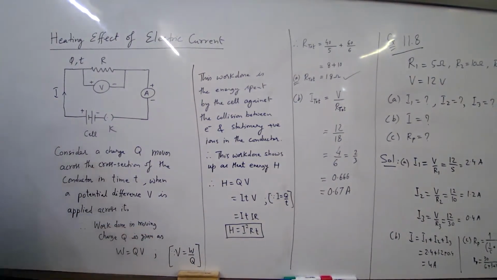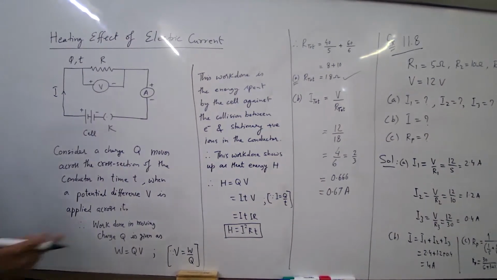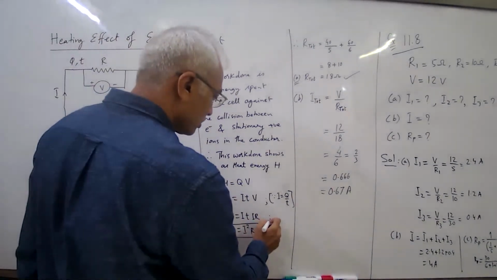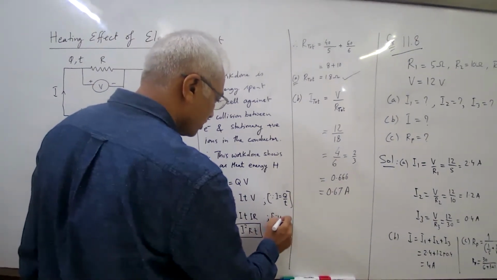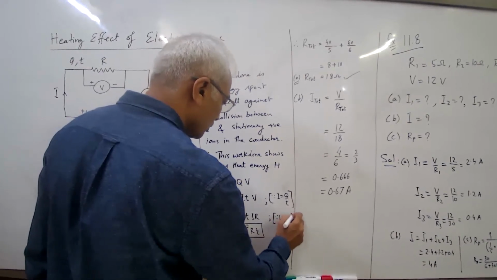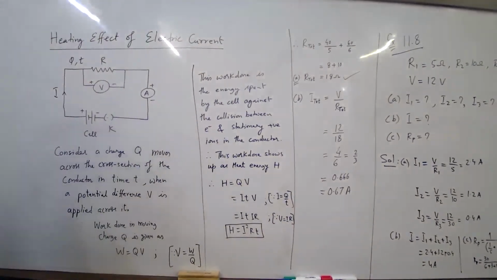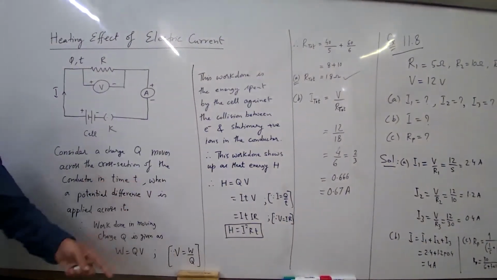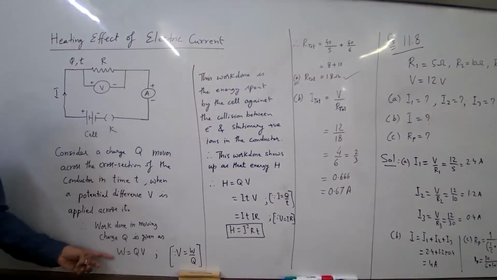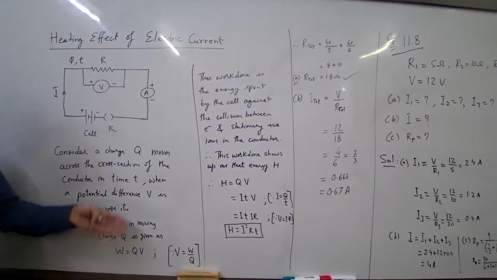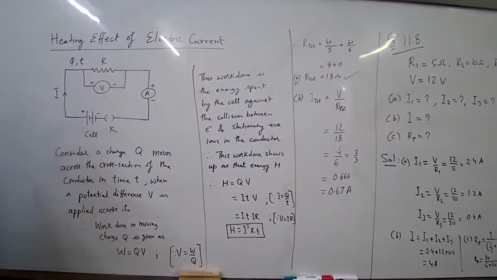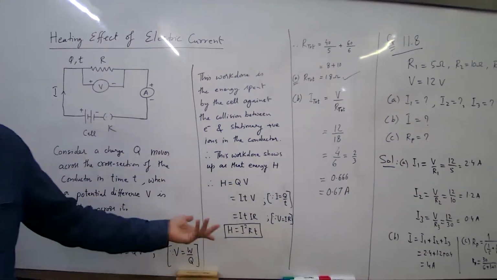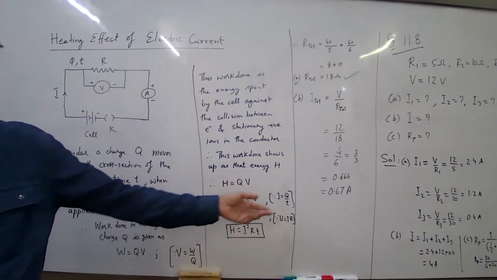Okay, I square RT. Why did we write IR? Because V is equal to IR. This is Ohm's law. So the basic equation is this, and the rest is manipulation, just Q is IT and all that.